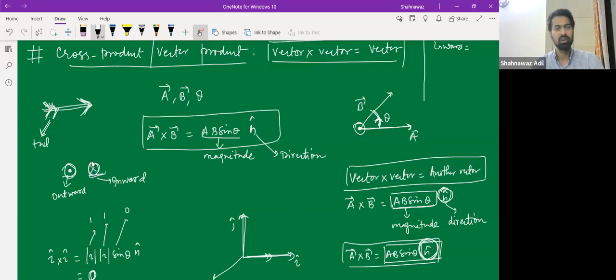Yes, the dot. Let's assume you have a pen, and suppose the pen's nib is coming at you. What will you see, this dot or this cross?